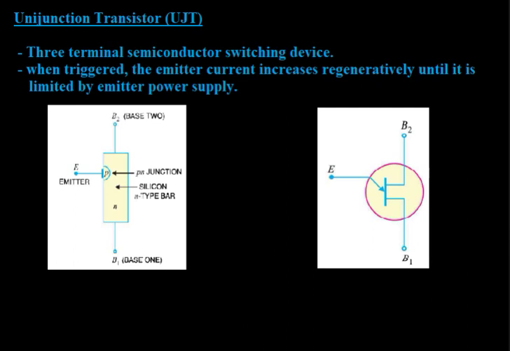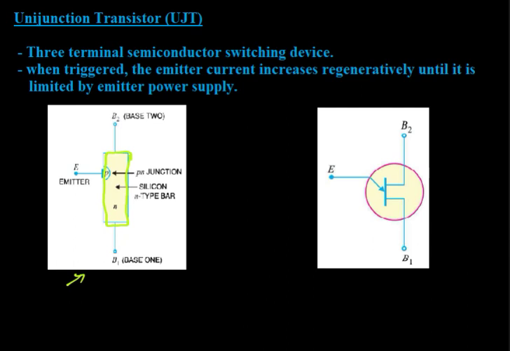So here this figure on the left represents the basic structure of a unijunction transistor. It consists of an N-type silicon bar with an electrical connection on each end. So this is an N-type silicon bar with two terminals or two electrical connections, one on each end.